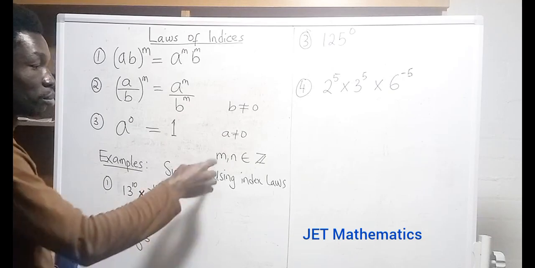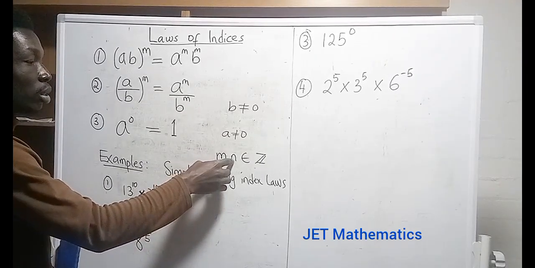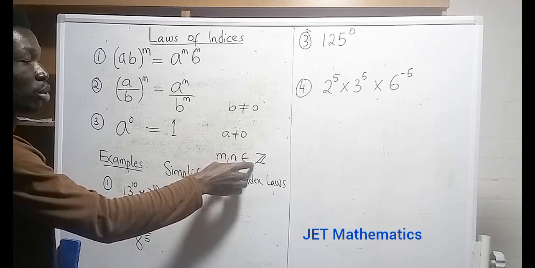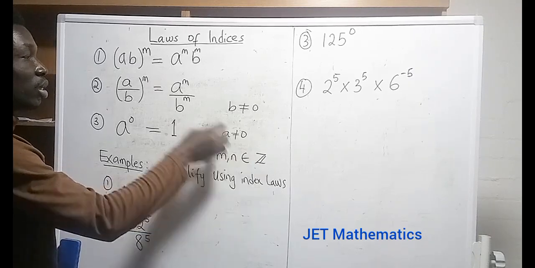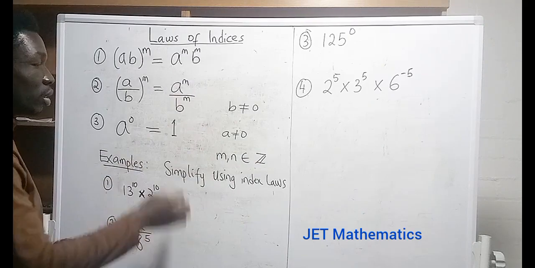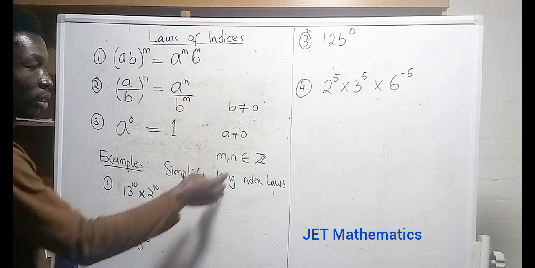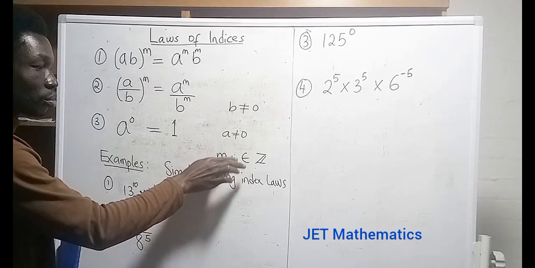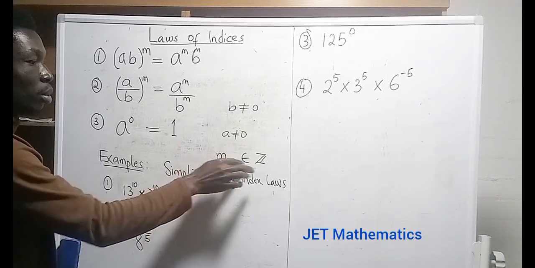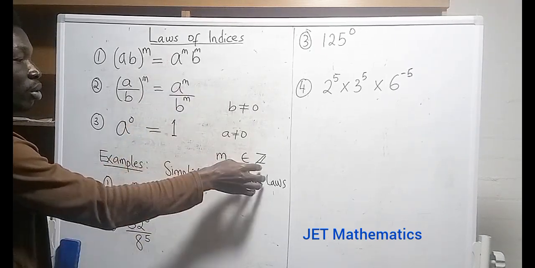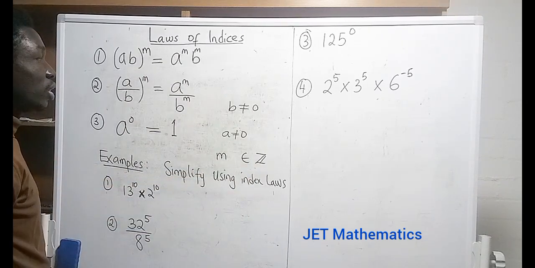m, n, as we always do, belong to the set of integers. In this case we did not use n, but m must belong to the set of integers.